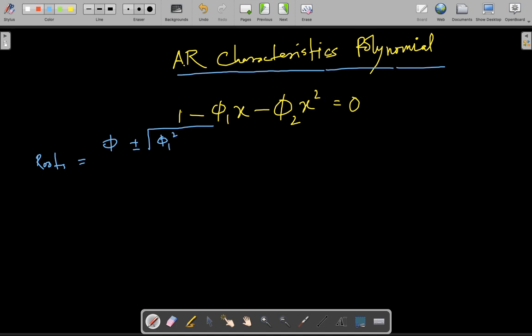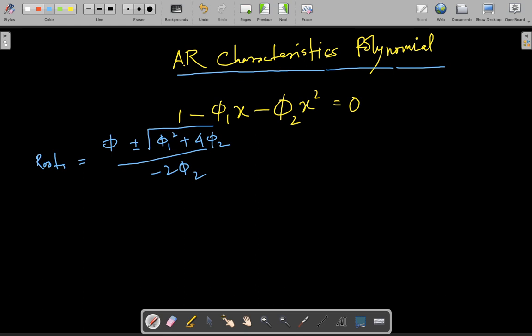So here I have a negative sign for a, which means plus 4 theta 2, by 2a, which means minus of 2 theta 2.